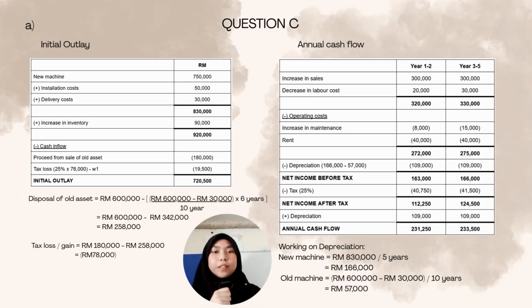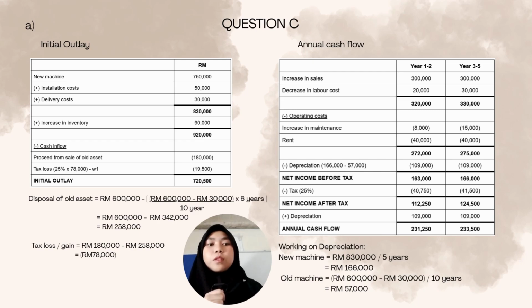Assalamualaikum warahmatullahi wabarakatuh. My name is Nurhasana Ishira and today I will discuss how to calculate initial outlay and annual cash flow. For initial outlay, first we take the new machine cost, which is 550,000, plus installation cost and delivery cost. After that we get 830,000. Then we add the increase in inventory, which is 90,000, and we get 122,000.